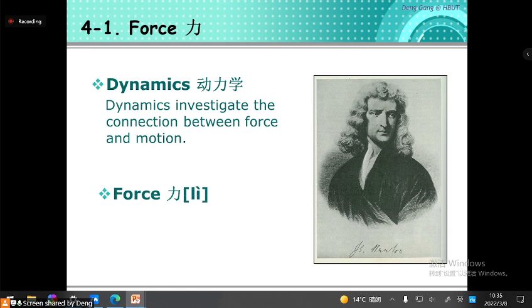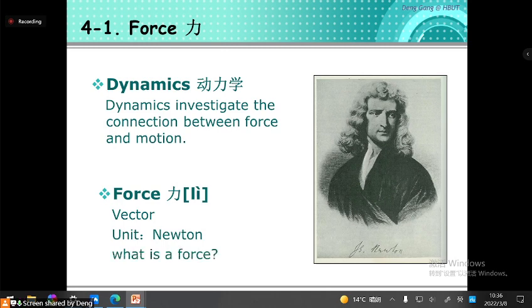The force in Chinese is 力. It is a vector because force has magnitude and direction. And the unit is Newton, in honor of this guy, Isaac Newton.